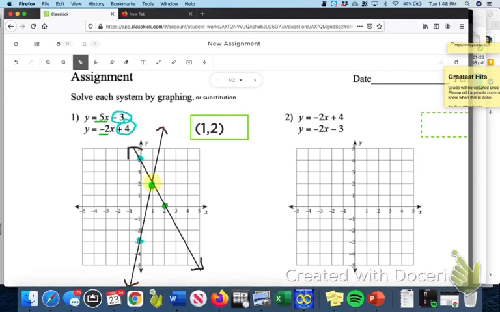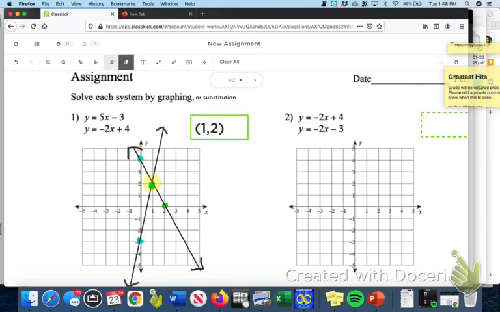All right, when we talked about substitution on Friday and today, we also talked about the idea that you don't have to solve these by graphing. If you want to, you can also solve them by substitution.